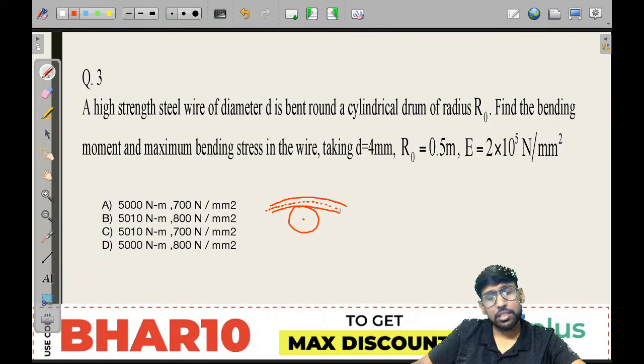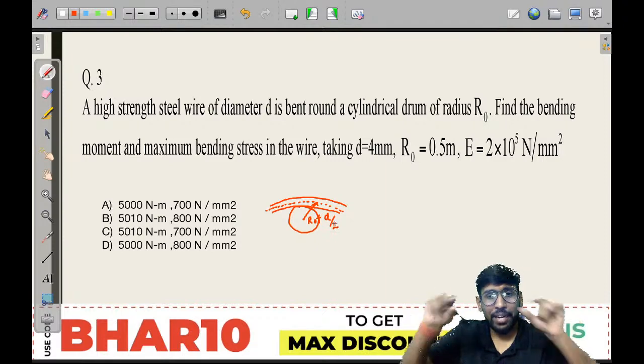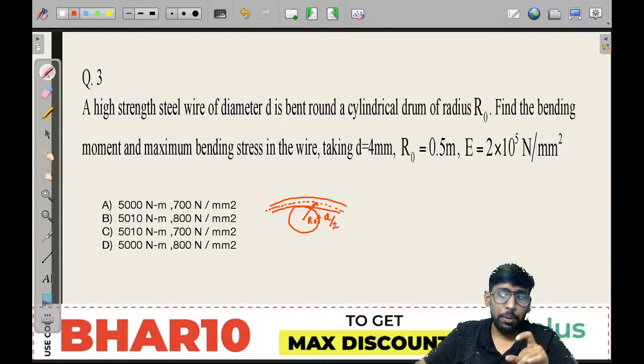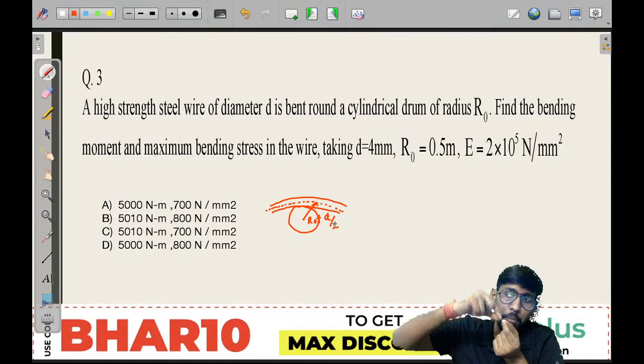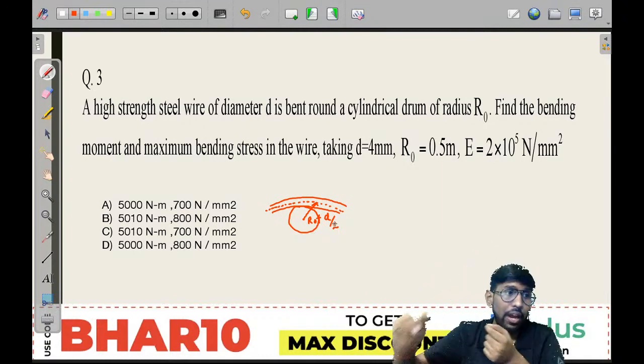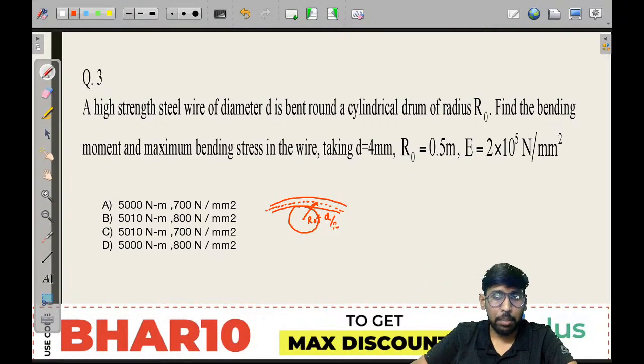What will be the center of the wire? From the center of the drum to the neutral axis of the wire, that is nothing but R naught plus D by 2. The radius of the arc is R naught plus D by 2.